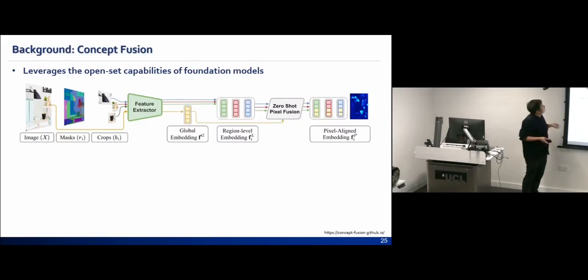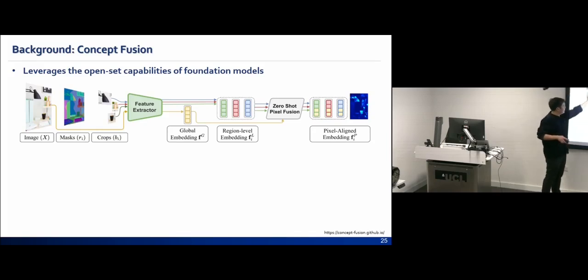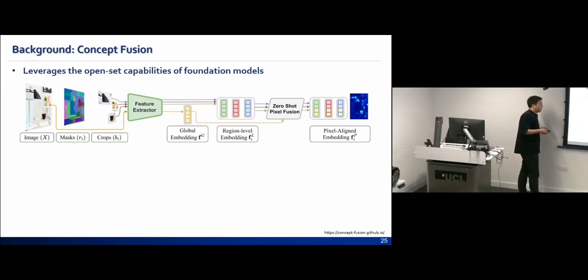The next concept is called ConceptFusion. The CLIP model performed classification, and this model, together with other foundation models like Segment Anything or other segmentation methods, enabled a more fine-grained task, or let's say image localization.